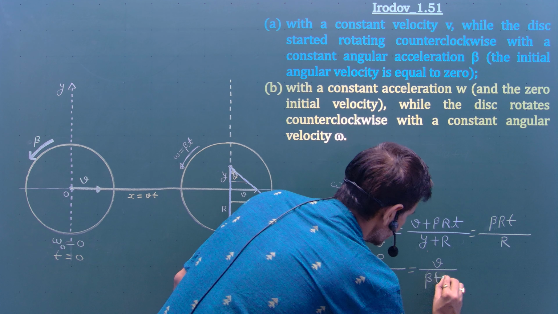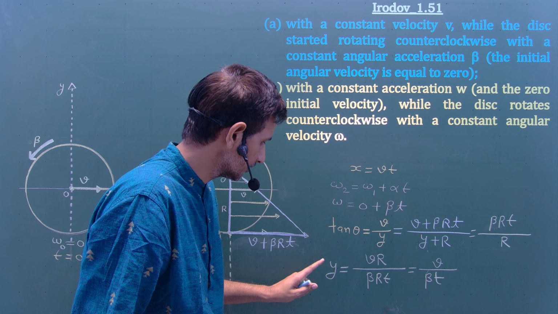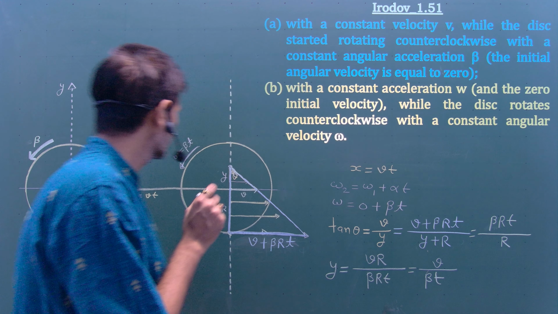Now we have an equation of x in terms of time and an equation of y in terms of time, and I want to know the trajectory equation of this axis. So we have to find an equation relating x and y. How to do that? It is very simple. From this expression write t as x divided by v and put this value in this equation.